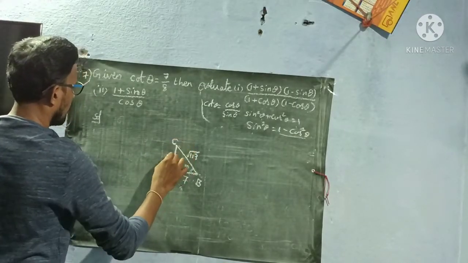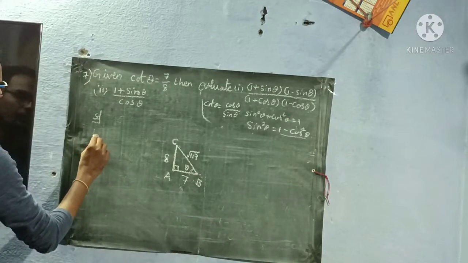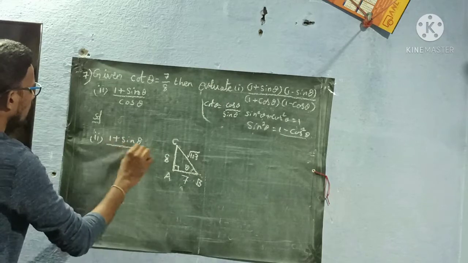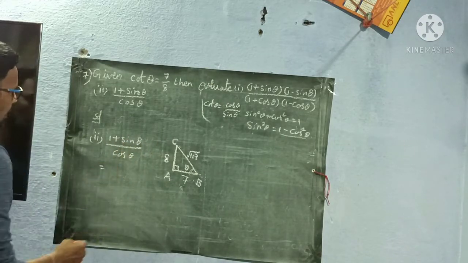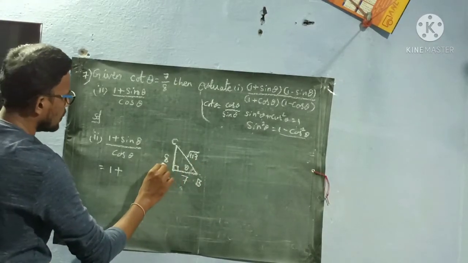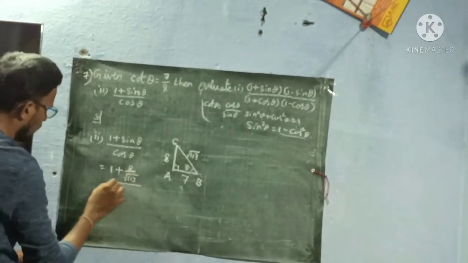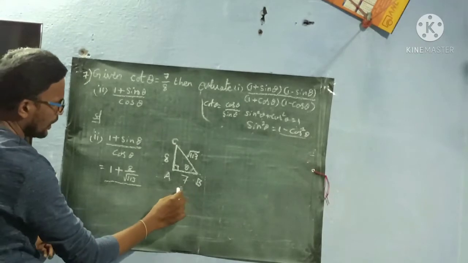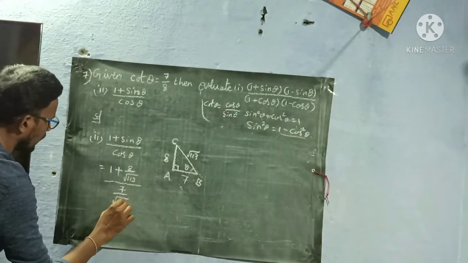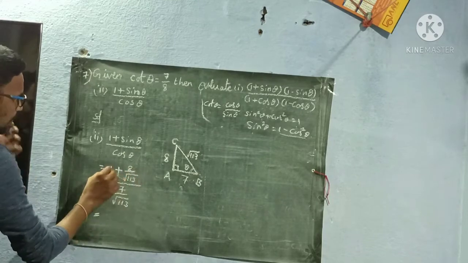So in the second bit, (1 + sin θ) by cos θ. So that is equal to 1 plus, now the value of sin θ is opposite side by hypotenuse, that is 8 by root 113, by cos θ, the value of cos θ is adjacent side by hypotenuse, that is 7 by root 113. So now here the LCM is root 113, so we should multiply 1 with it.